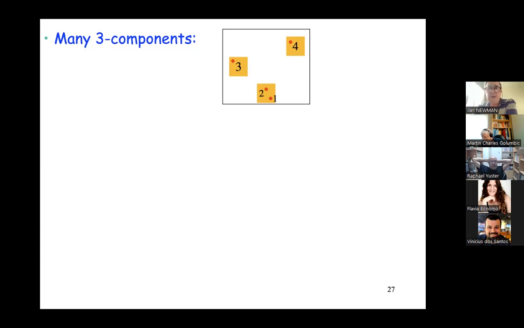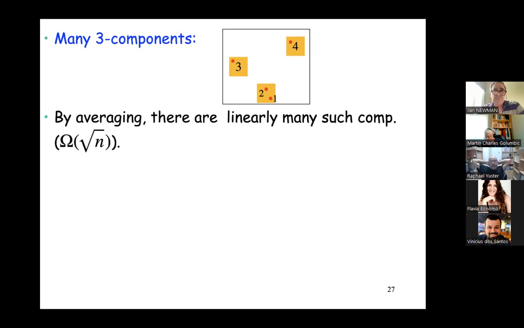There is one component that contains 2 points of the pi, and the other 2 components contain a single point, namely they are just a single box. So again, by averaging, there are linear in square root of n many such components, so order of square root of n, that contain the 2 points, like is depicted here.